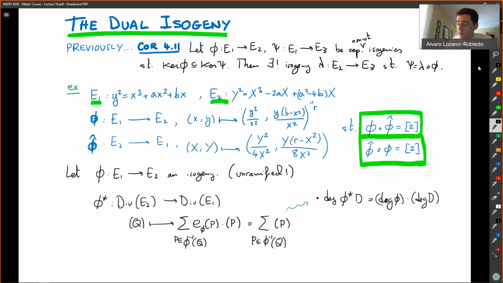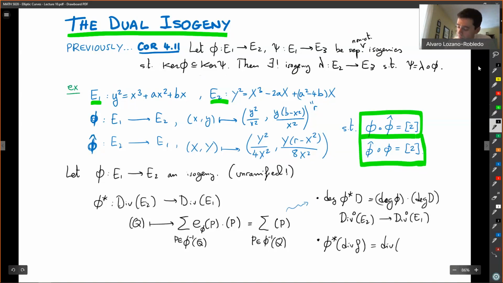This shows that the map induces a map from divisors of degree 0 to divisors of degree 0. And moreover, it also does the following: phi star of the divisor of a function f is the same as the divisor of phi star of f. So principal divisors of E2 map to principal divisors of E1.